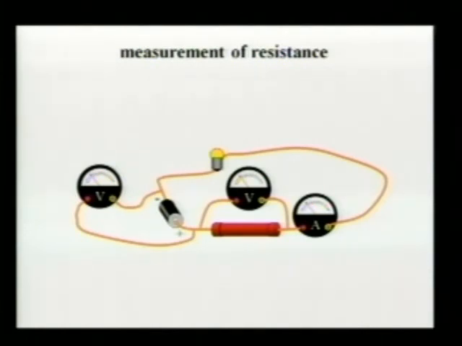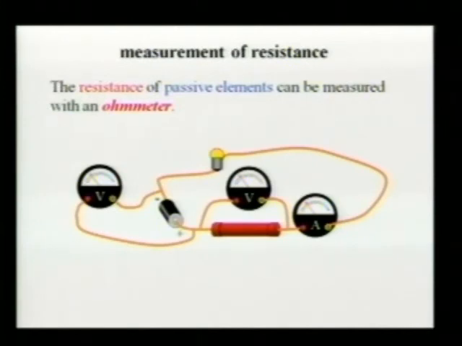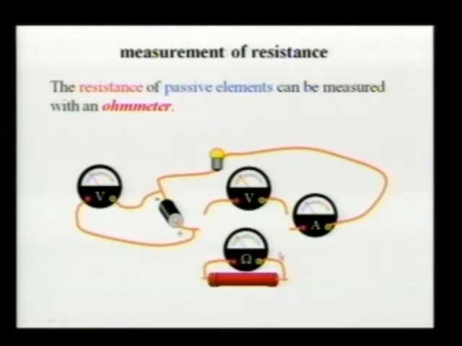We cannot measure the resistance of a resistor when it is in a circuit. We have to take the resistor out and then connect an ohm meter, and the ohm meter will indicate the resistance of the element.